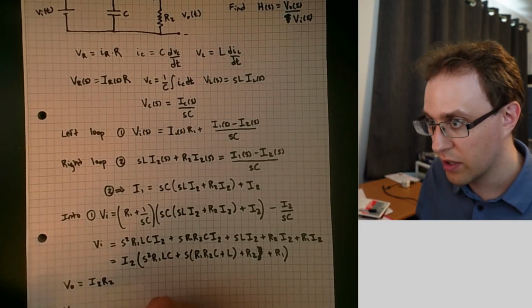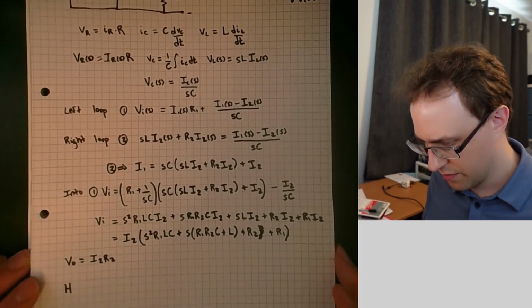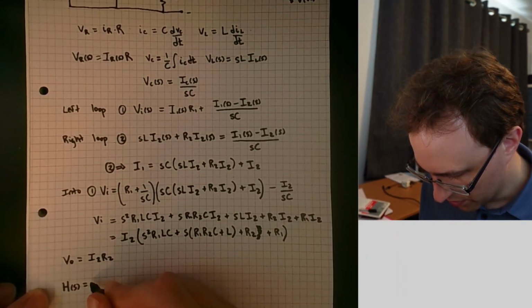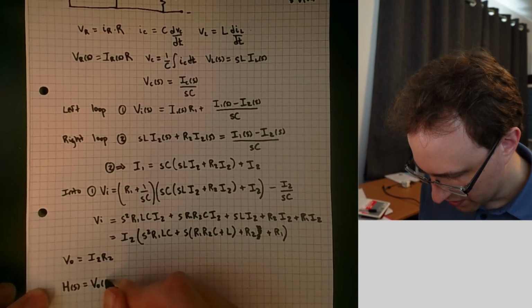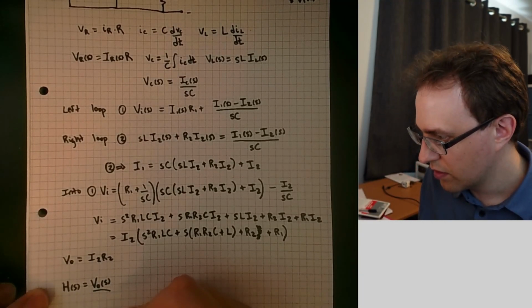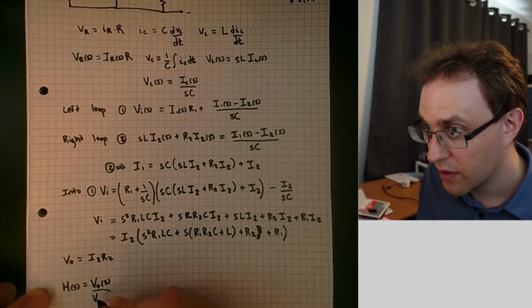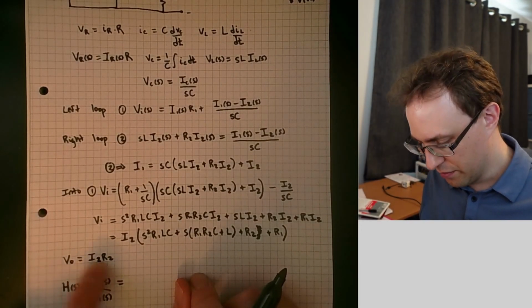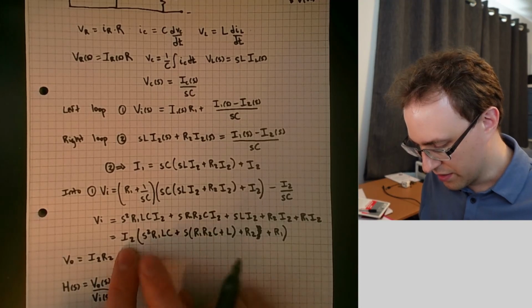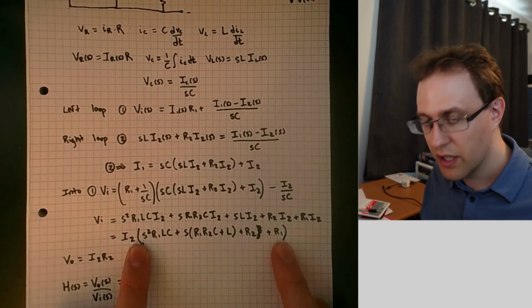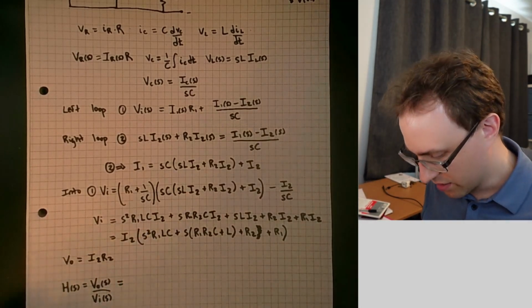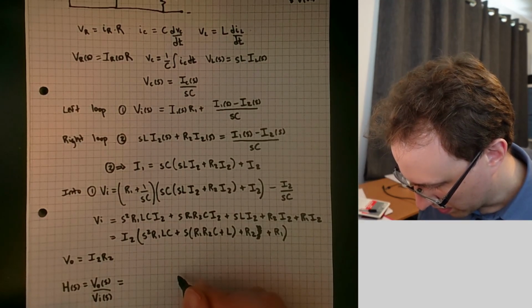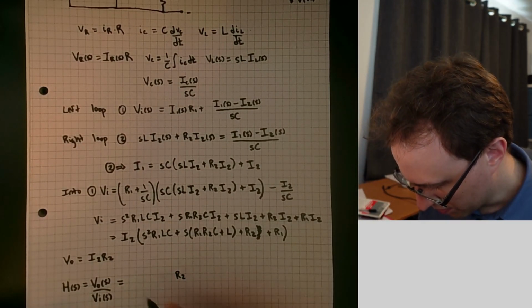What this lets us do is jump to our transfer function, H of S, which is equal to VO of S over the input voltage of S. VO is just I2 times R2. VI we found here is I2 times all of this. So the I2 currents will cancel out, and we'll be left with R2 in the numerator.